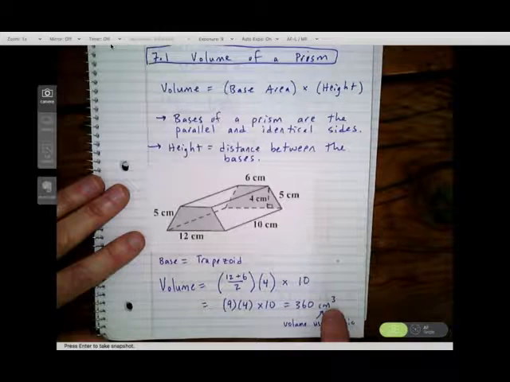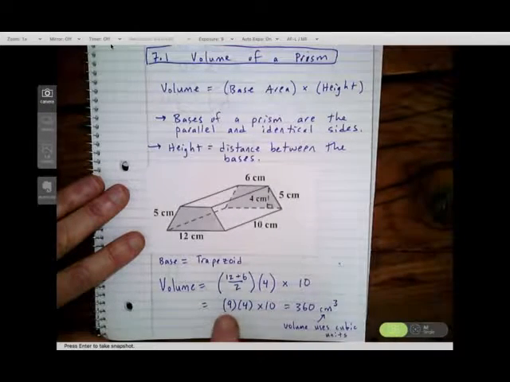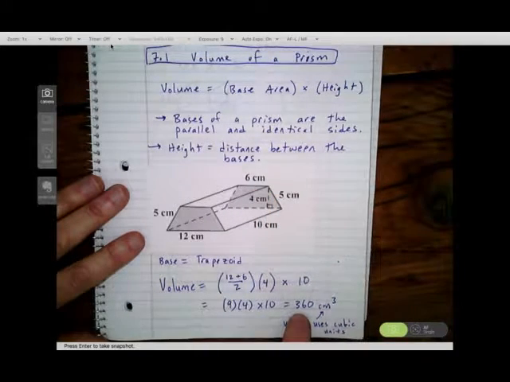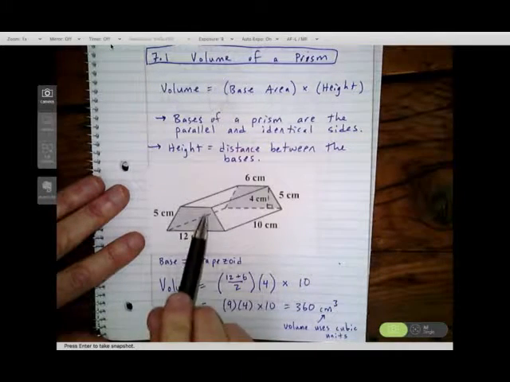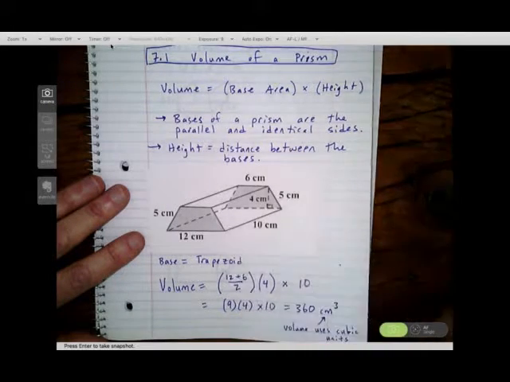So area we use square units, but for volume we use cubic units, which is this little exponent of a 3. So the volume of this trapezoidal prism is 360 cubic centimeters. Okay, one more time. Find the area of the base shape, multiply that by how far apart those base shapes are.